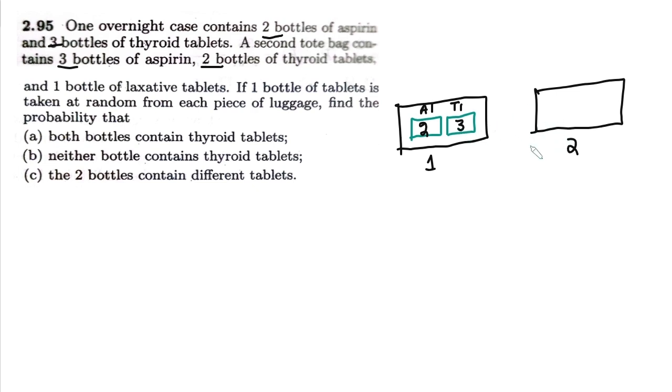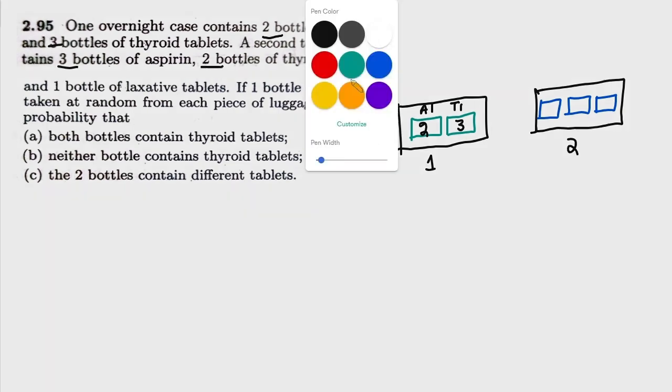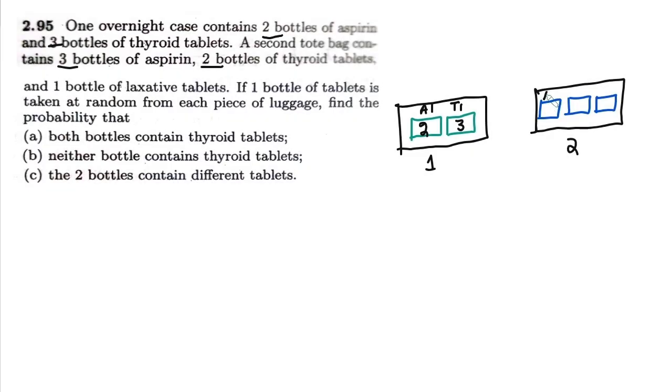Similarly, in the second one we have 3 kinds of bottles: 1, 2 and 3. The first one here is the aspirin, let me call it A2 because of the second bag.